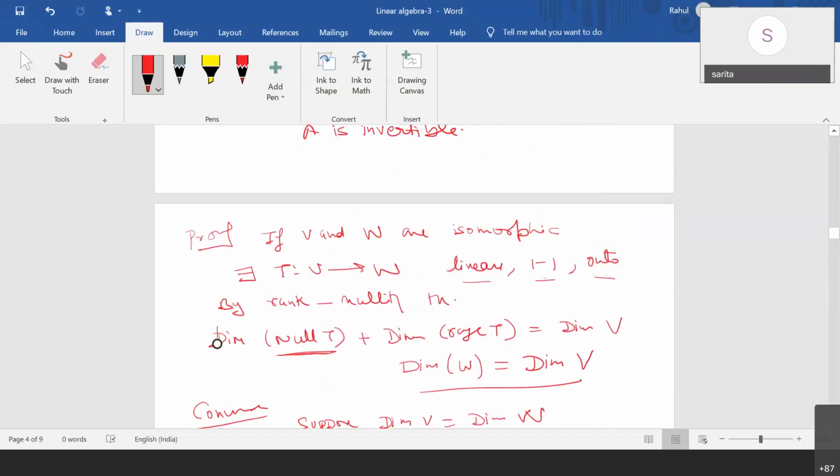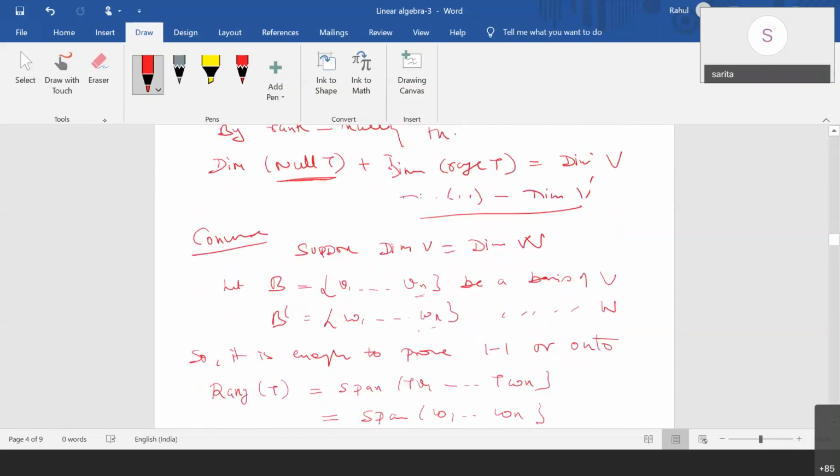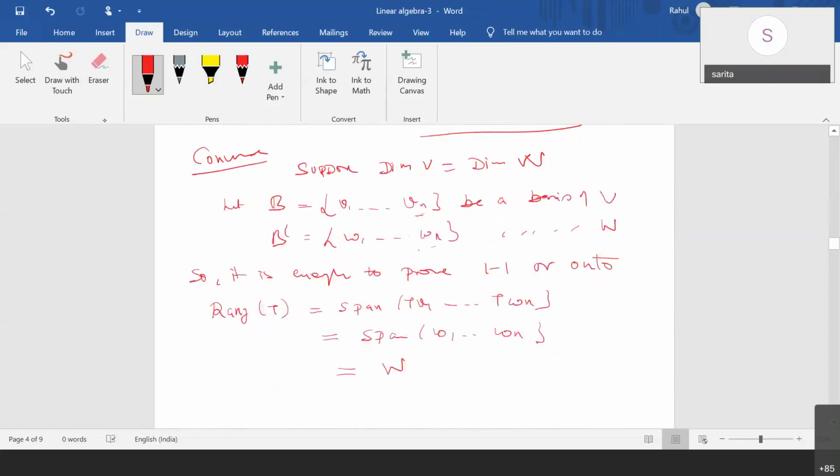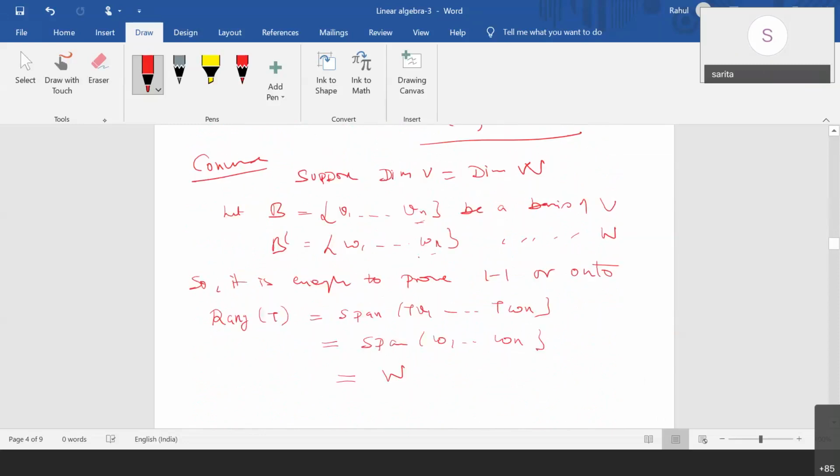Right? What are we proving? We are proving that if the dimensions are same, then it is 1-1 or onto. So this is the basis, this is the basis, so it is enough to prove it is 1-1 or onto.